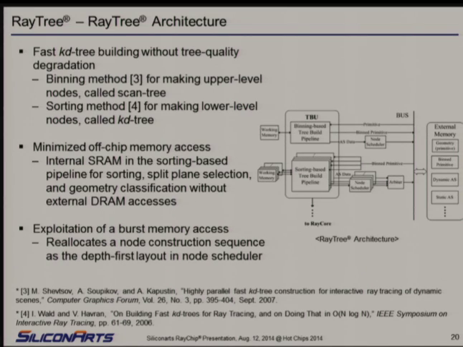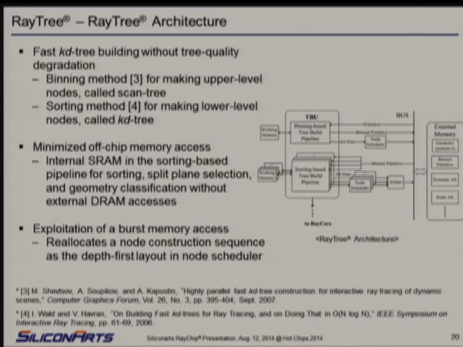We also propose node scheduling to support burst memory access in RayTree. Problems arise on burst success due to depth first order when constructing node information. To solve this problem, our node scheduler reallocates the node construction order.